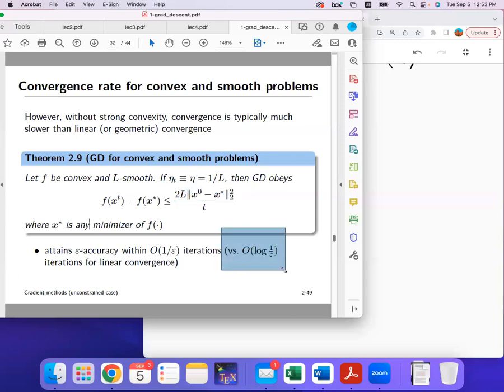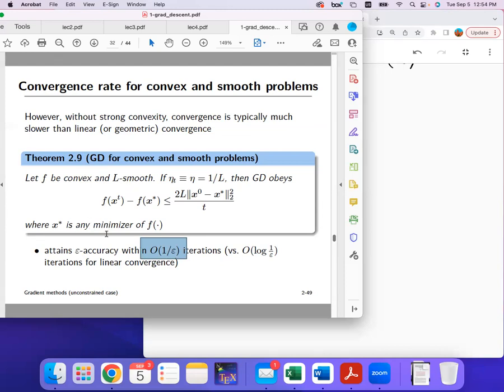Because of this log, the difference in the complexity is huge. If epsilon is 10 to the negative 10, then if we solve a convex problem, we may need to run 10 to the power of 10 iterations. But if we solve a strongly convex problem, we take a log, so it's 10 log 10.